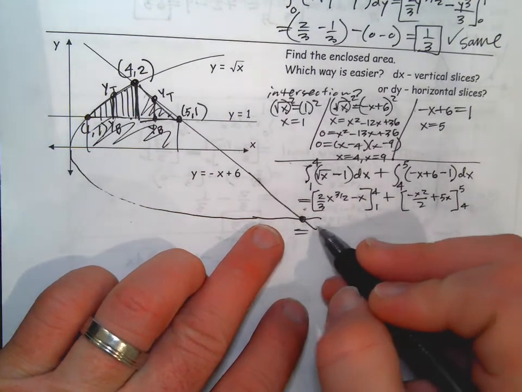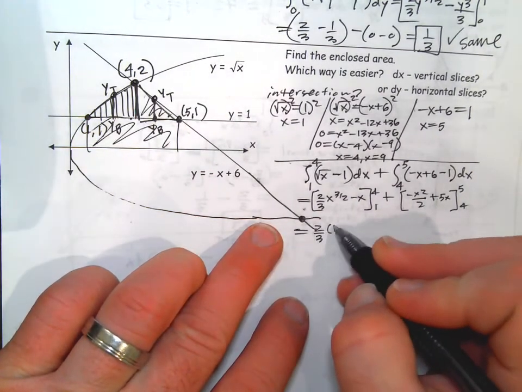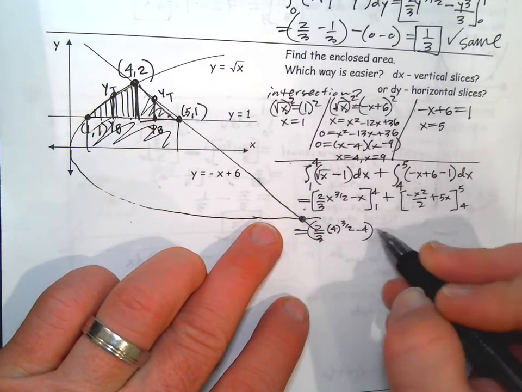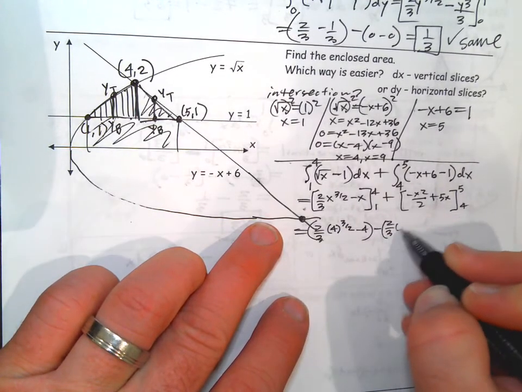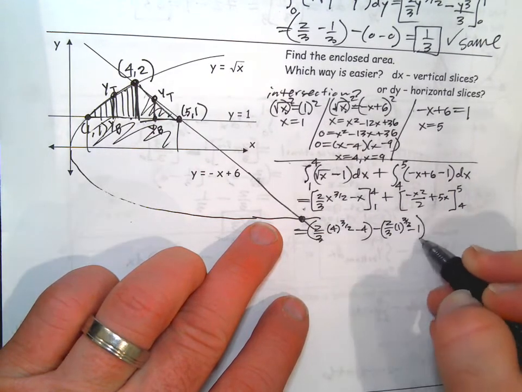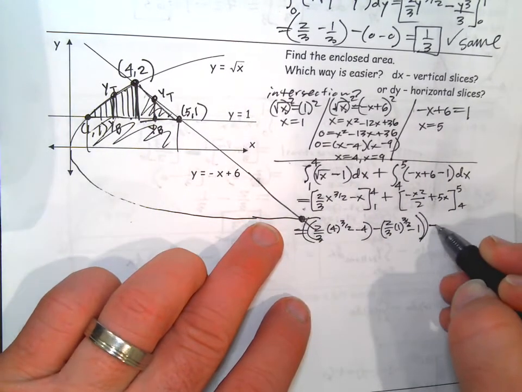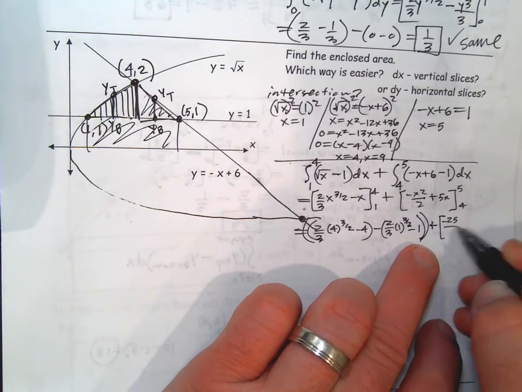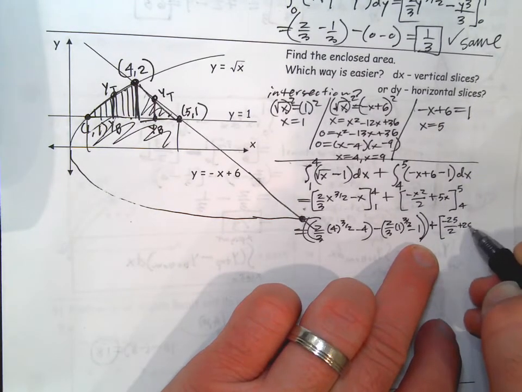So this is going to be 2/3, 4 to the 3/2, that's 4, that's 2/3, 1 to the 3/2, that's 1. Minus, plus, you plug 5 in here, it's negative 25 over 2 plus 25.